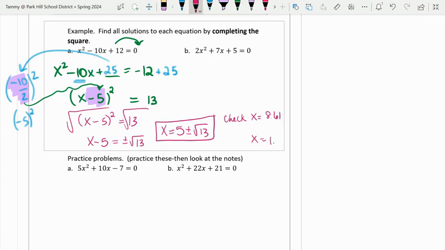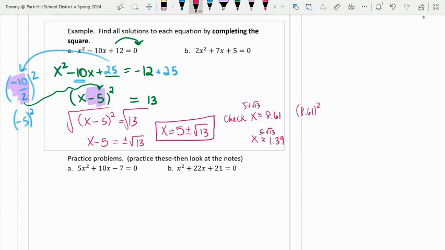This is approximate. So then you check it by putting that back in the original one. So I have 8.61 quantity squared. I'm going to put approximately on those, because I rounded that with 5 plus the square root of 13 and 5 minus the square root of 13.